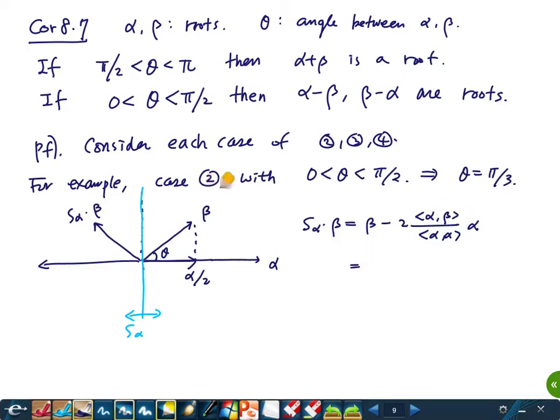But in case 2, the whole coefficient here is 1. So it is beta minus alpha. And of course, this is in the root system by the axiom. Similarly, we can prove the other cases. The other cases are similar, just case by case analysis.